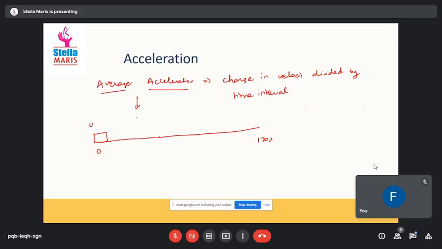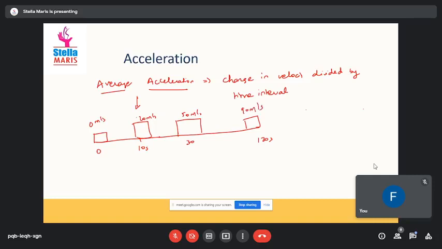You start the car at 0 meter per second and at 10 seconds you're going at 20 meter per second. At 30 seconds, you're going at 50 meter per second. And at the end of these 120 seconds, you attain a speed of, let's say, 90 meter per second.